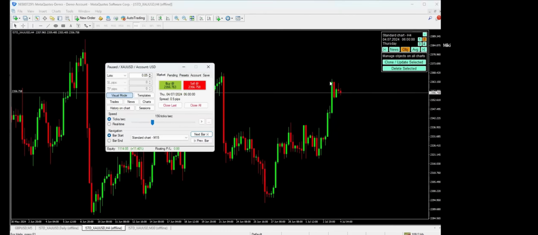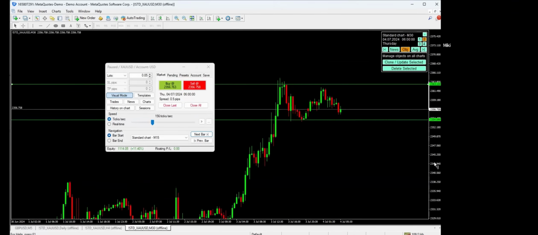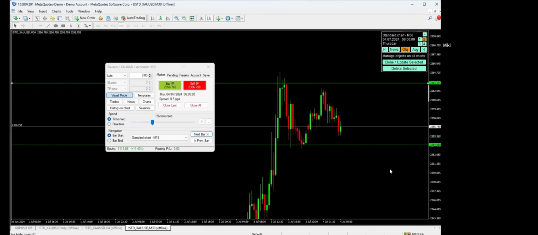4 hour, pulled back from the highs. Now we've got a little bit of a 4 hour range as well. The current 4 hour candle broke the previous low. 30-minute structure: I've got a high, lower high, lower high, lower high. But we've got a low and then a higher low here. So I'm going to play the candles.